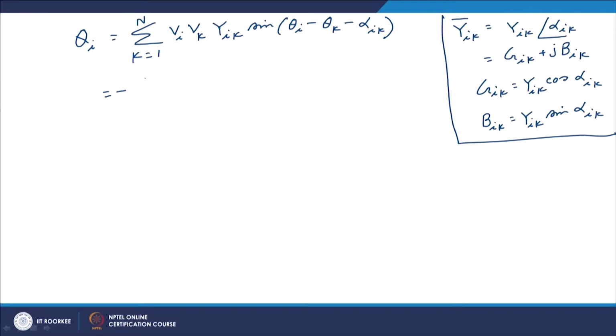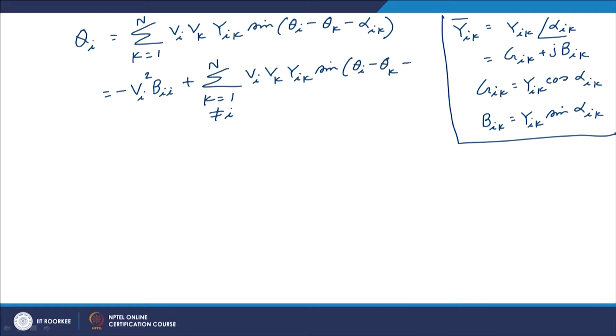So if we apply this, we get minus Vi squared Bii plus the sum over k equal to 1 to n, k not equal to i, of Vi Vk Yik sin(theta i minus theta k minus alpha ik). So this is the expression of Qi.